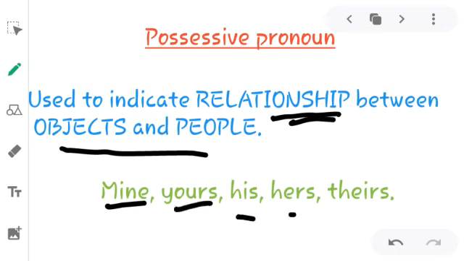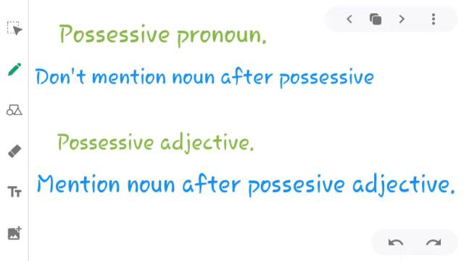So what is the difference between possessive pronoun and possessive adjective? As you can clearly see from the words pronoun and adjective, and you already know that an adjective is a word that qualifies a noun, so it always comes before or follows a noun. If a possessive word is followed by any noun, that means it's a possessive adjective.